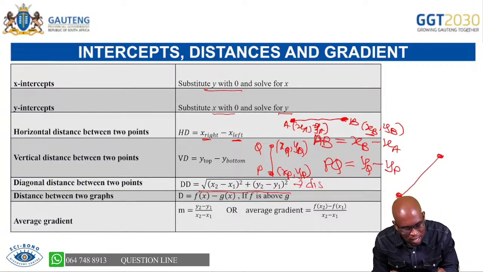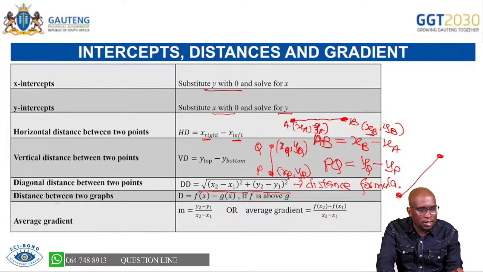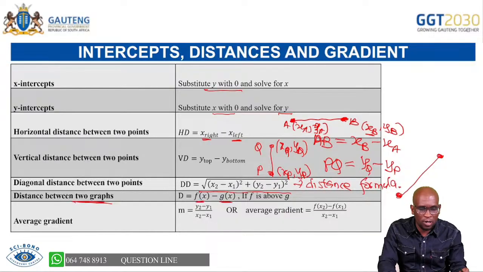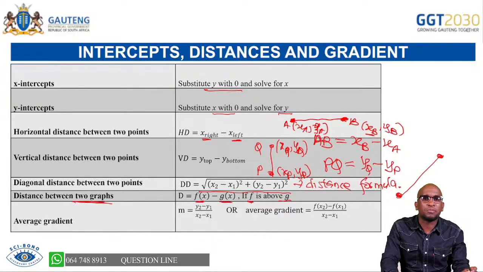This is called the distance formula. You know it very well from analytical geometry. Right, and then if you want the distance between two graphs, it is always the top graph minus the bottom graph. That is why I took f of x minus g of x, where f is above g.